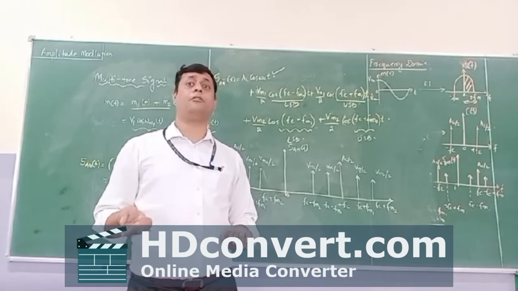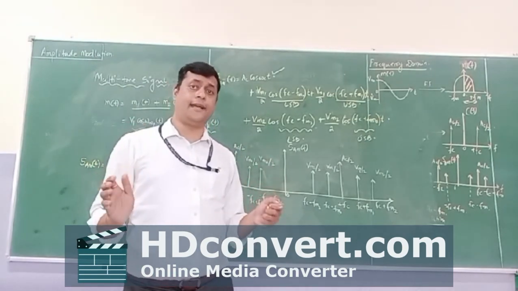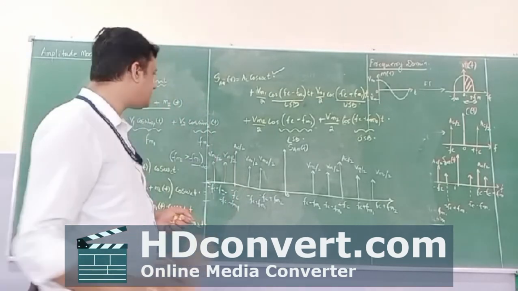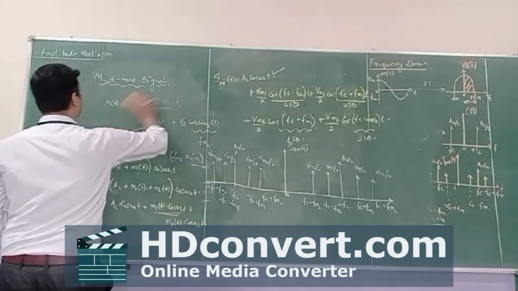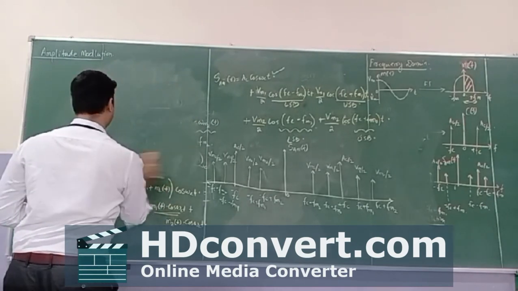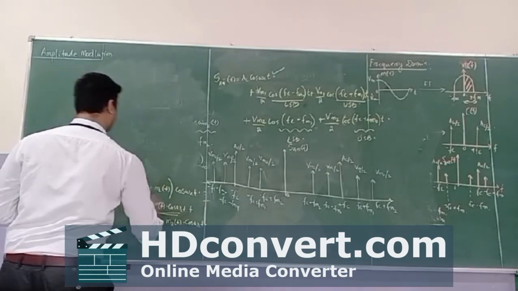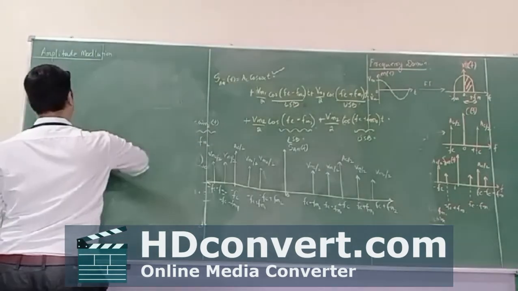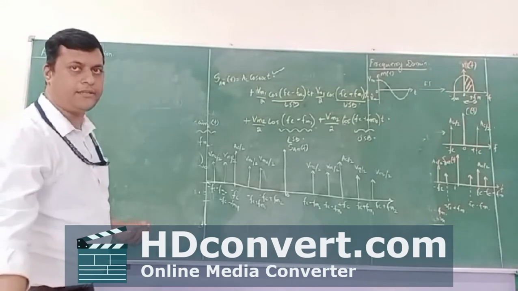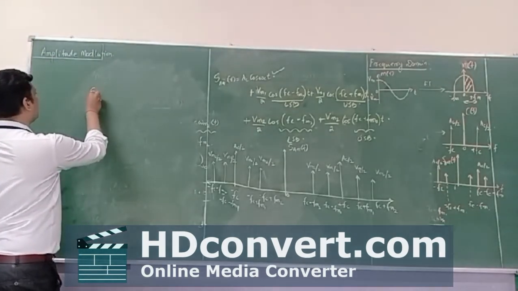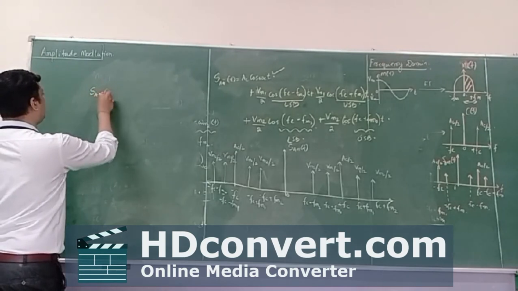Okay. Now the same signal you can represent in terms of modulation index. How, and what will be the net modulation index for our multi-tone signal, that we will see. So here in multi-tone there are two different frequencies we have considered.